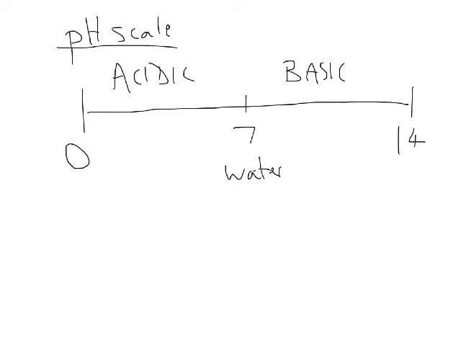As you depart from 7 either way, it gets more and more dangerous. You're going to have the strong concentrated acids down this end. They'll have a pH of about 0.